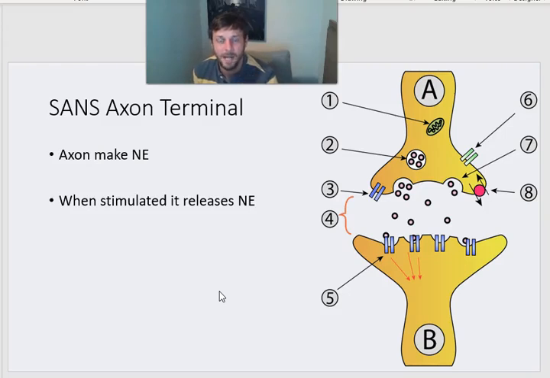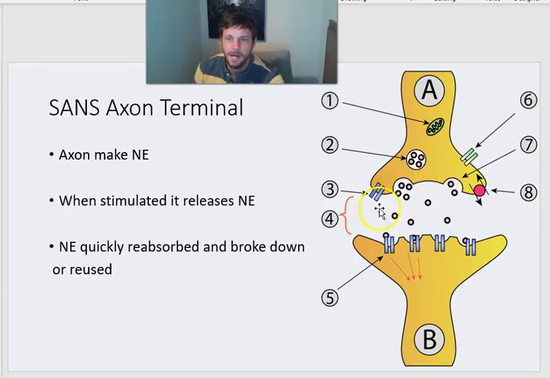So if it is binding to the heart, it'll be binding beta receptors, and then increasing heart contraction, that kind of stuff. If it's being released in the smooth muscle, maybe it's binding an alpha. If it's getting released from another adrenergic neuron, maybe it's binding alpha-2. It just depends on what specifically you're going for, okay?